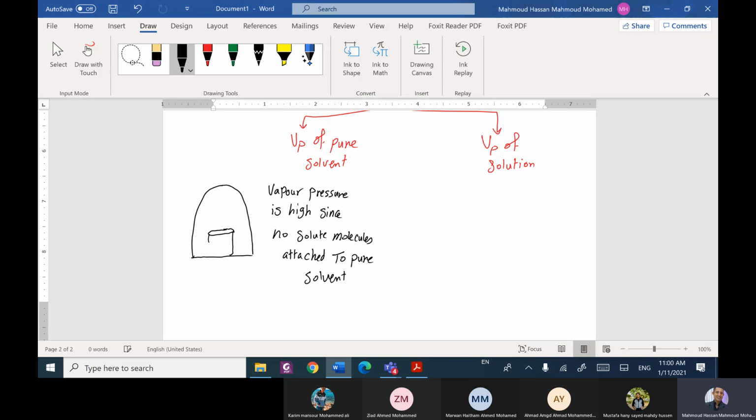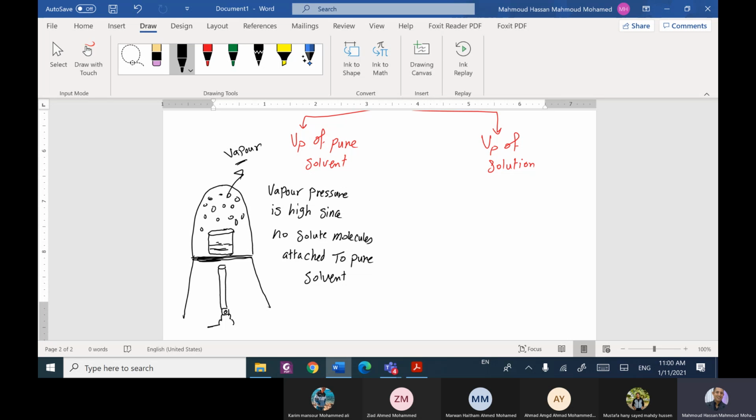This beaker only contains pure solvent, distilled water. And by the boiling process taking place, we'll find all the container is full with the vapor, and the pressure of the vapor over the liquid surface is very high.